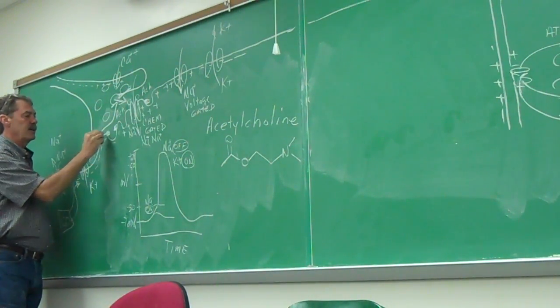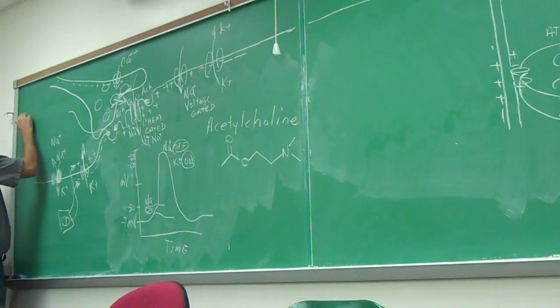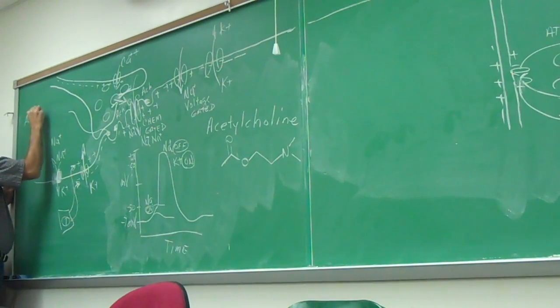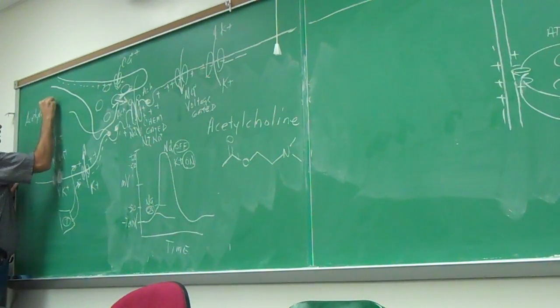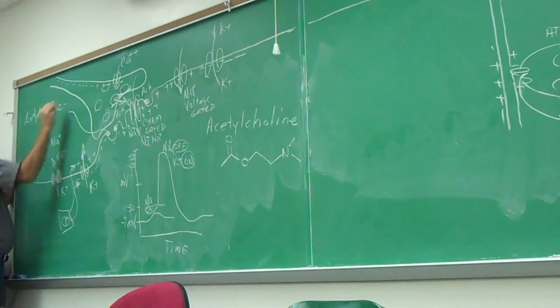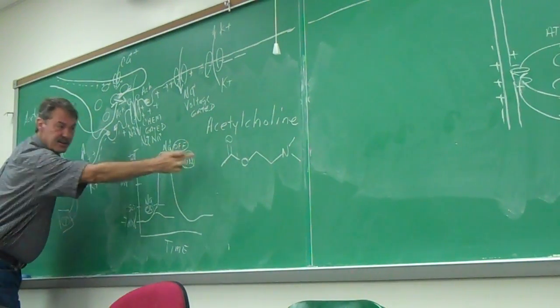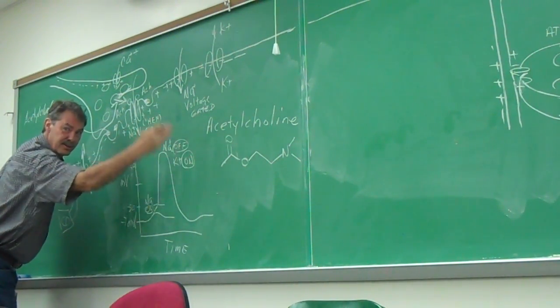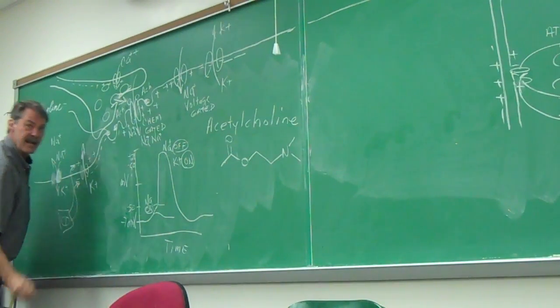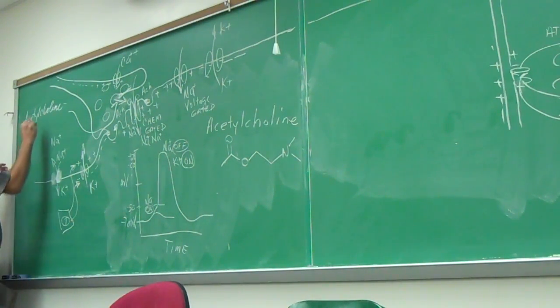Okay? This is called, for short, you can just call it cholinesterase, but it's acetylcholine, I'll start to write here, choline, and then esterase. You're breaking up the ester, okay? Ase means it's an enzyme, right?